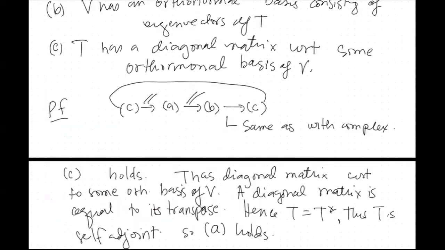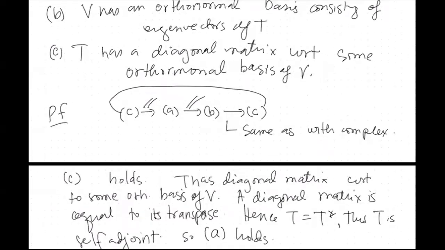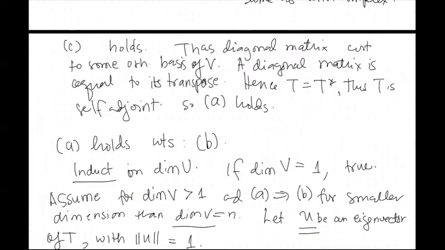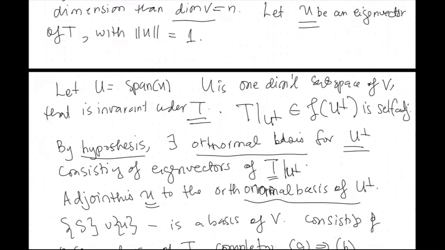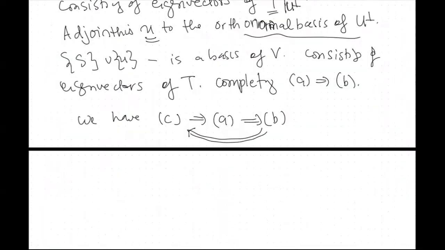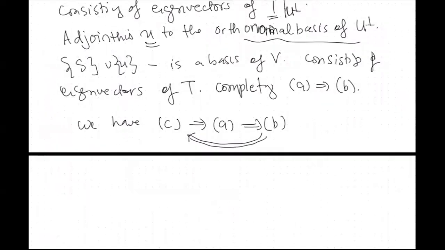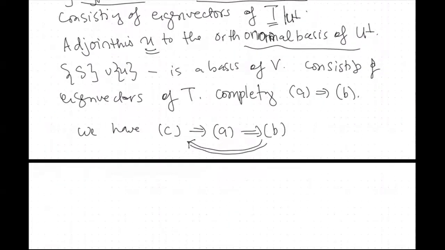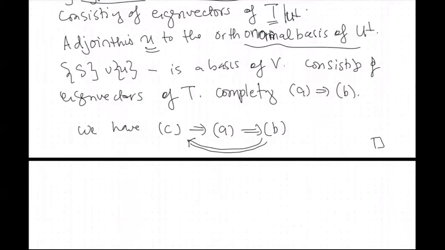Then being a diagonal matrix, we get self-adjoint. So this is already done.